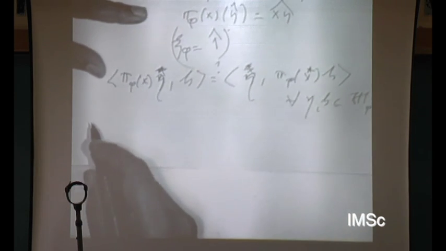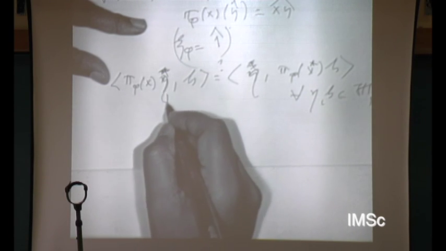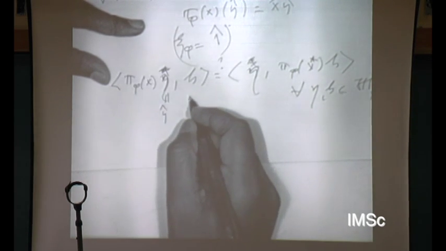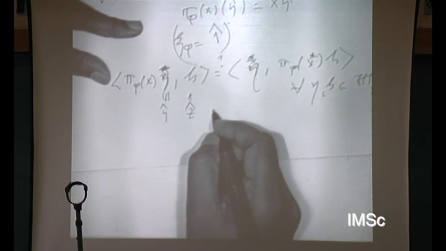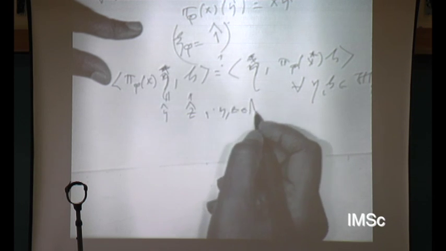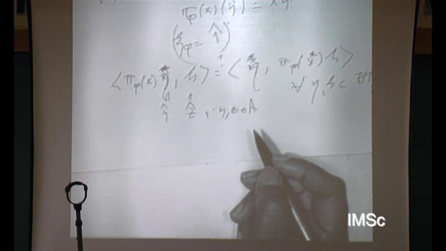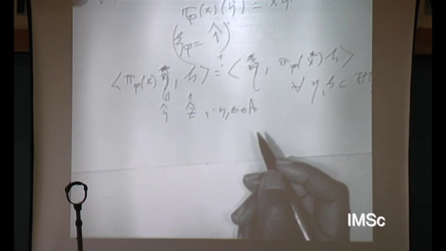So it is enough to prove that I may take eta to be some y hat and zeta to be a z hat with y, z in A. Because things like that by definition are dense.